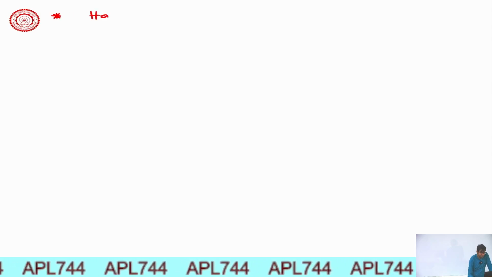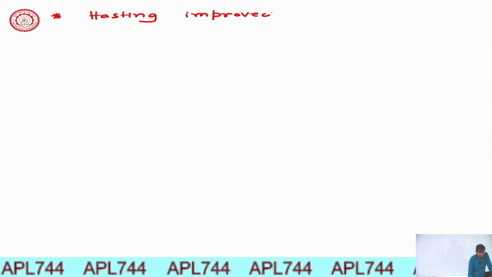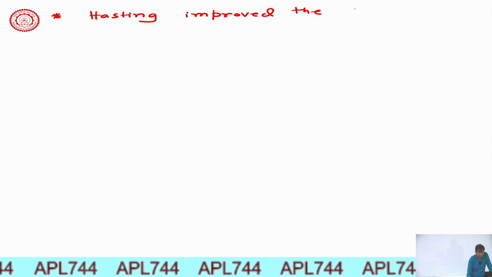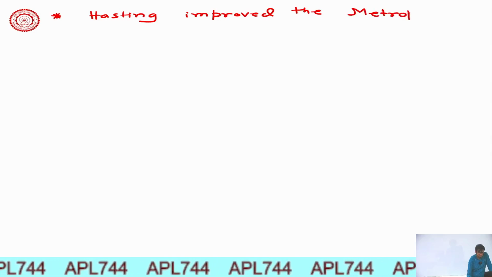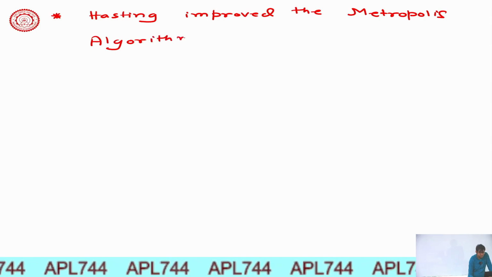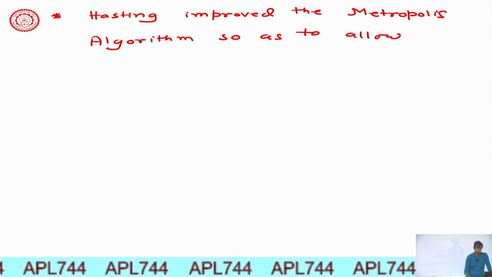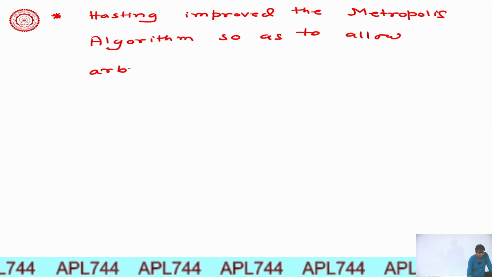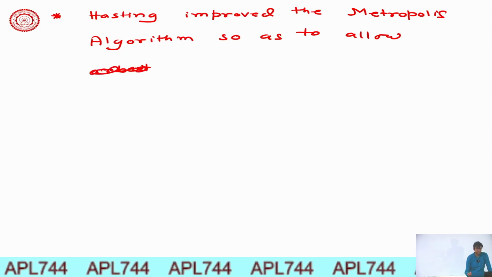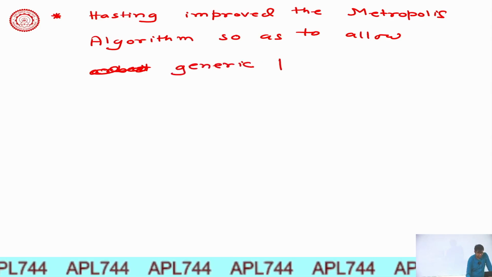It was Hastings who improved it. Hastings improved the Metropolis algorithm so as to allow arbitrary, which is not the correct terminology, I think generic is the correct terminology, generic proposal.